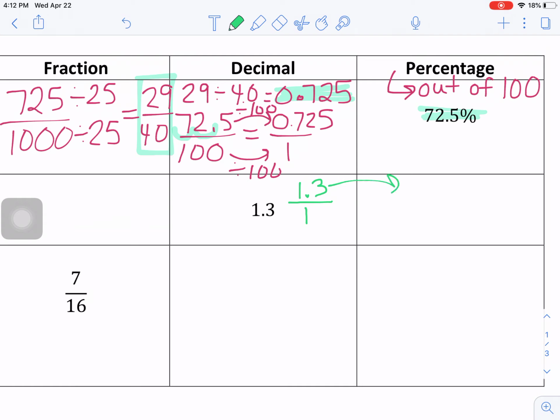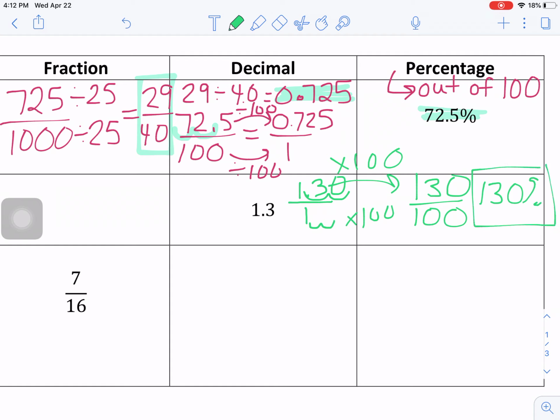So if I multiply 1.3 by 100, that means slide the decimal place 2 places to the right, and take the 1 on the bottom and do the same thing. Multiply it by 100, and that's going to add 2 zeros. So 130 out of 100, which is 130%. That is more than 100% or more than a whole.